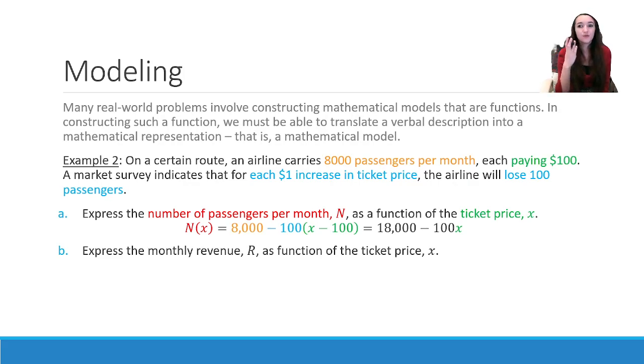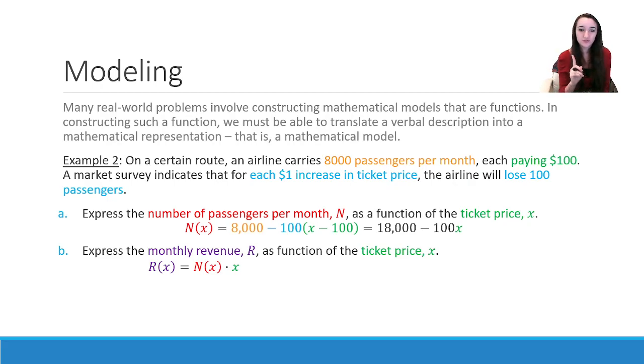We have a variable, we'll call it for a moment, that represents the number of passengers, but really that variable is a whole function. The number of passengers is n of x. So really, to find the revenue, it's the number of passengers, n of x, times x.